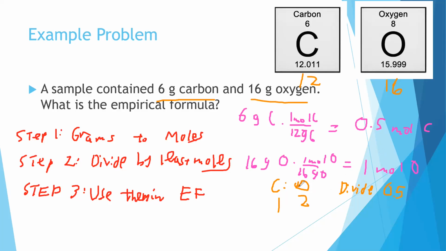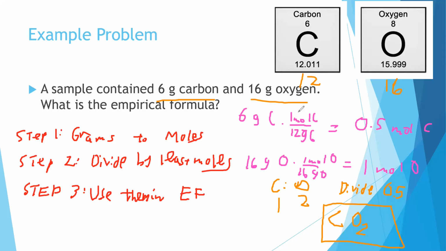So in step 3, we just use them. So carbon gets a subscript of 1, and oxygen gets a subscript of 2. So we realize that this gas is carbon dioxide, which is what humans exhale due to the using of energy in cellular respiration. So I hope this wasn't too hard.